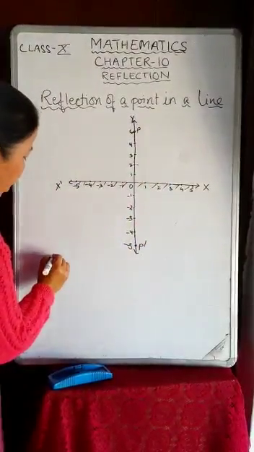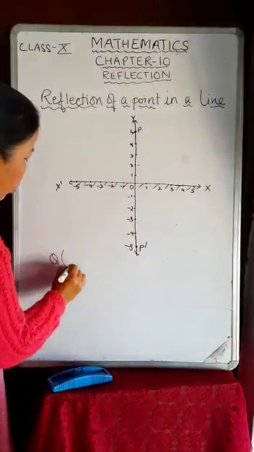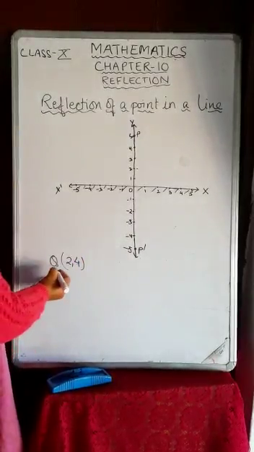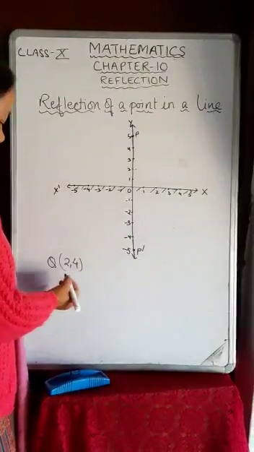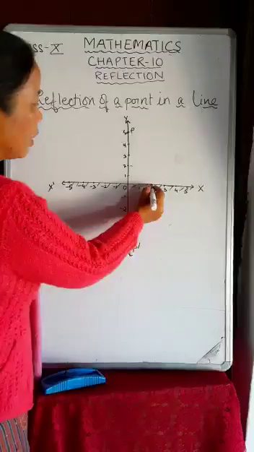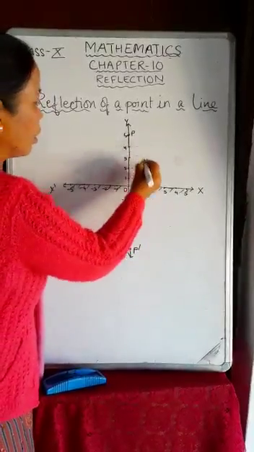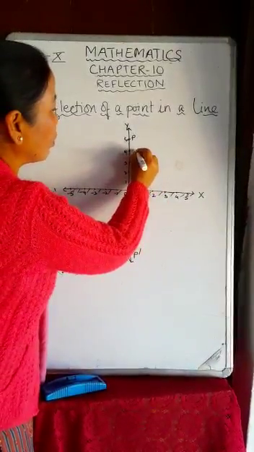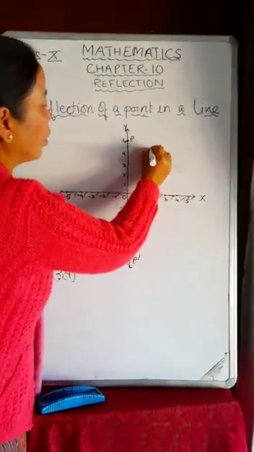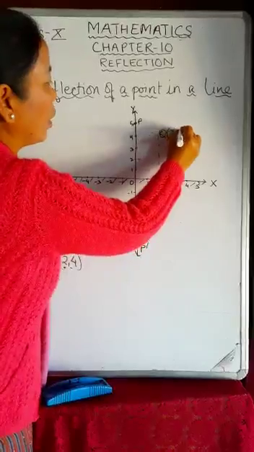Suppose any point Q is there whose coordinates are 2 and 4. Now, how will you locate it? I told you earlier how to locate a point like 2 and 4. We'll see 2 on the x-axis and 4 on the y-axis. So 2 is over here, 4 is over here. So this point here is Q, whose coordinates are 2 and 4.